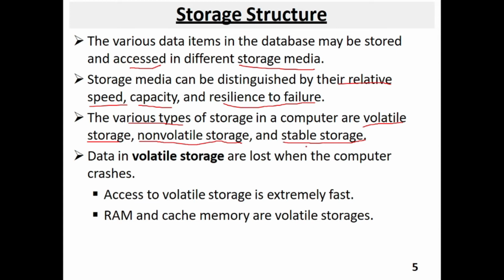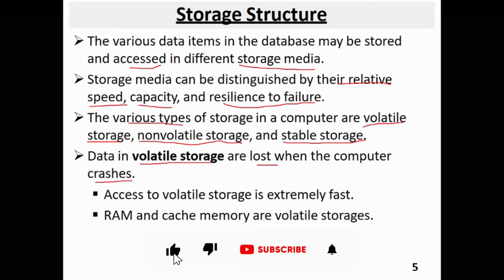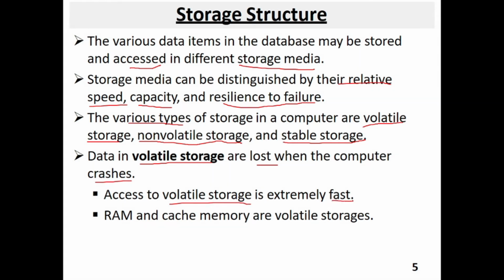Data in volatile storage is lost when the computer crashes. Access to volatile storage is extremely fast. For example, when you operate on your RAM, data is fast to operate on and fetch. RAM and cache memories are volatile storages.